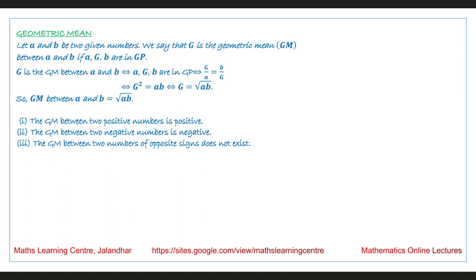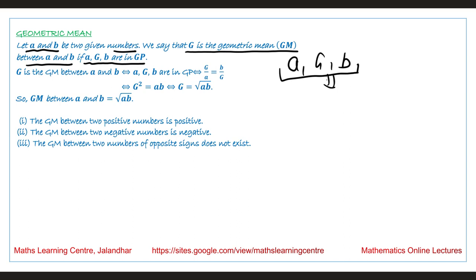The next topic we have is geometric mean. Let a and b be two given numbers, and we say that g is the geometric mean between a and b if a, g and b are in GP. So a, g and b are three numbers in GP, then this g is said to be the geometric mean between a and b.